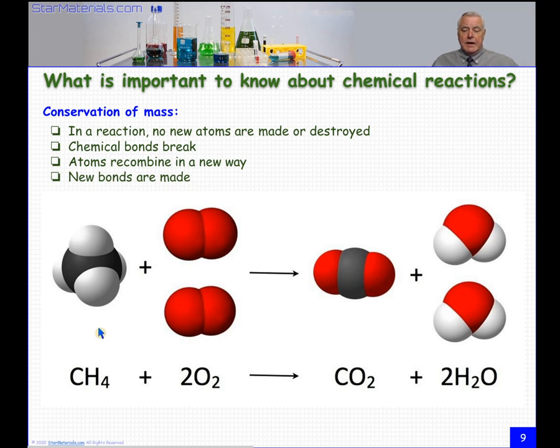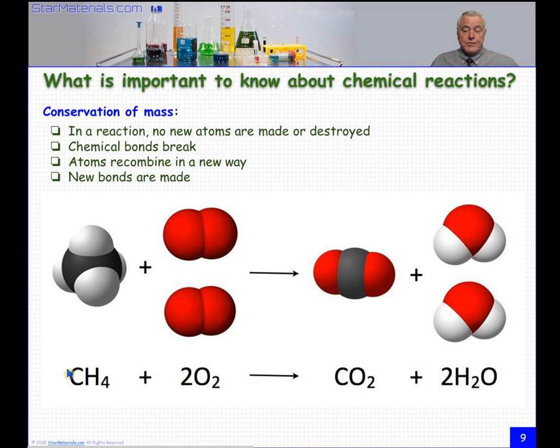So here we have CH4, methane, oxygen, oxygen, gives carbon dioxide and water. So that's in words. Let's look at the atoms themselves.